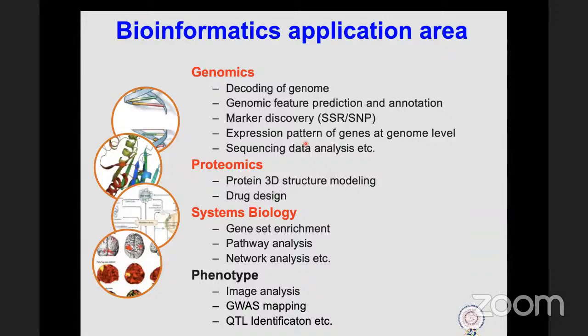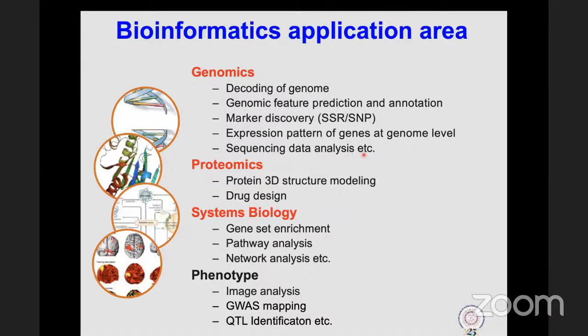Now, talking about the application areas. There are many, like genomics, proteomics, systems biology, and phenotyping. In genomics, there is decoding of the genome, prediction and annotation of genomic features, marker discovery, expression patterns, and sequencing data analysis, which includes gene finding.